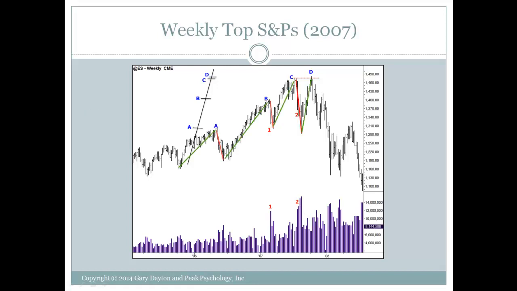And look at even deeper into this, and you start to understand why I would use the Weiss wave and just think in terms of waves here. You can see that on the move up to A and then to B, we've got some pretty good moves up, right? C, it starts to get shorter, and D, it shortens up. So the lengths of the waves going up get shorter.